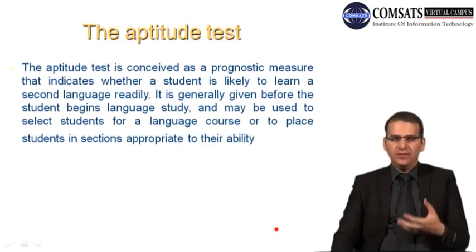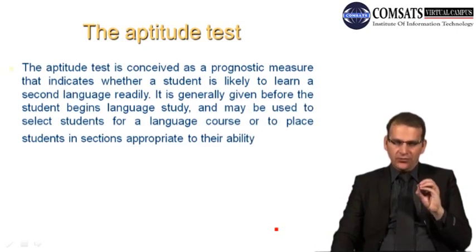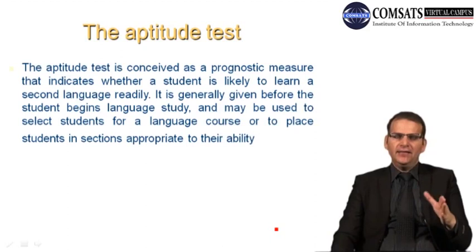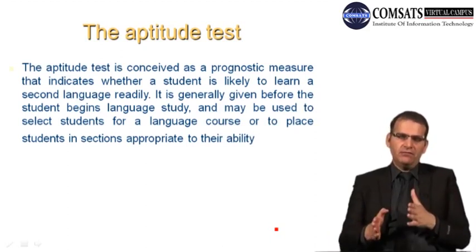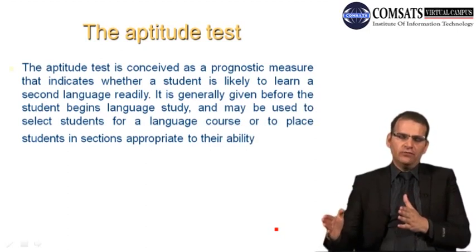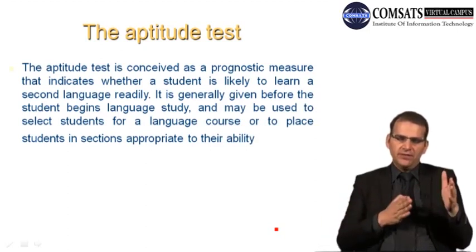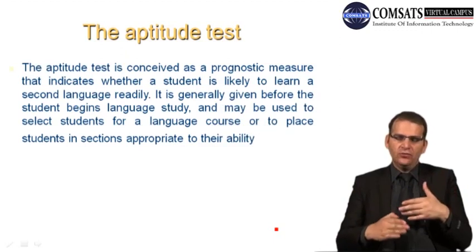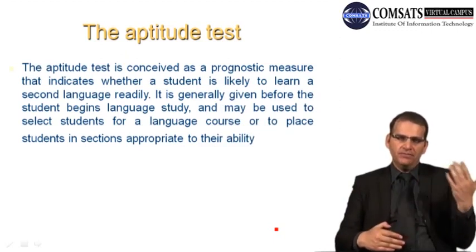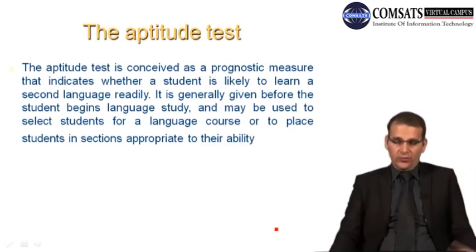They simply give them some tests, right? Seeing the performance in those tests, once those tests are marked, administrators set a criteria that somebody who gets 50% marks should be in foundation. Somebody who gets 60% marks should be in certificate course. Somebody who gets 70% marks should be in the diploma course, for example, if there are three levels, right?